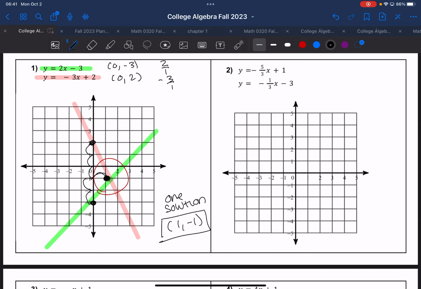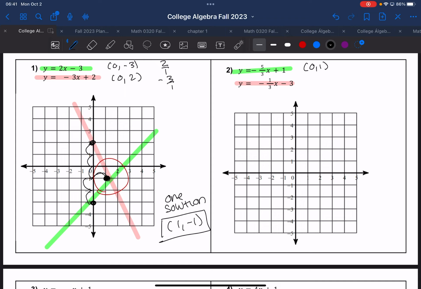Now looking at number 2, are both our equations in that y equals mx plus b format? Yes or no? Yes, they're both in that slope-intercept format. So looking at the equation I highlighted in green, what would be the y-intercept? 1, so 0, 1.